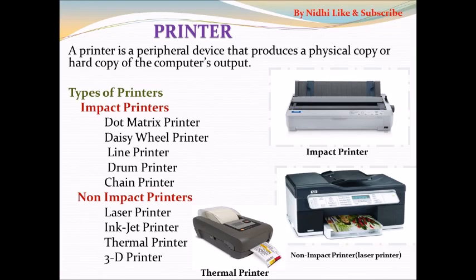And next is thermal printer. These thermal printers use a special heat sensitive paper. Characters are formed when the heat elements come in contact with the heat sensitive paper, thus forming darkened dots.